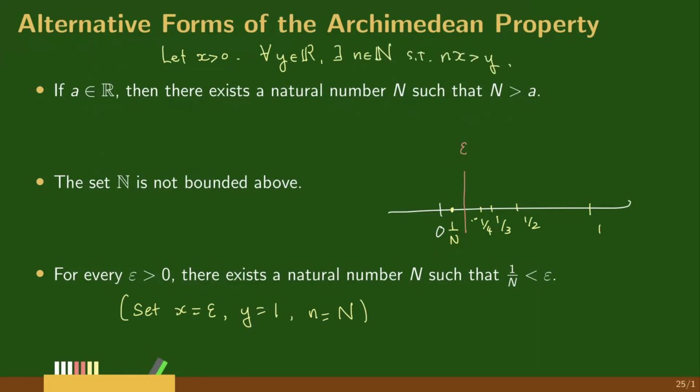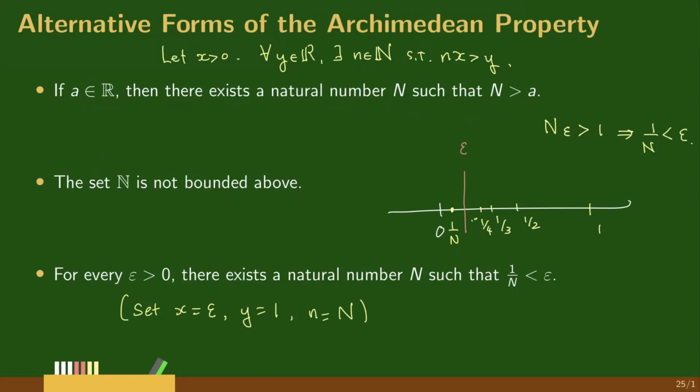So if you look at this inequality closely, kapag ang n mo ginawa mong capital N, yung x mo ginawa mong epsilon, at yung y mo ginawa mong 1, ganyan siya. And you try to work around with this inequality, that will imply 1 over n is less than epsilon. So I hope that you see why these things are all the same thing, and they are all different versions of Archimedean properties. Naunawaan ba?